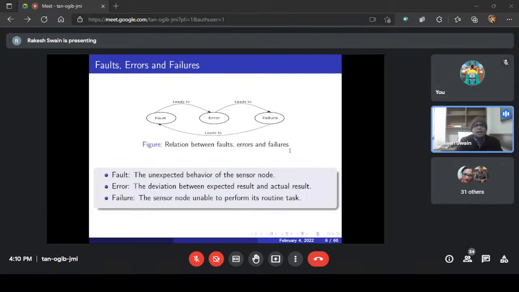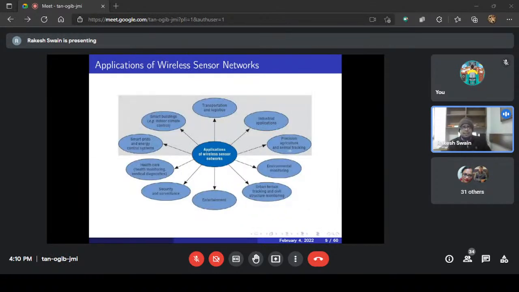So due to the large scale application and the large number of sensors you have to deploy, either external causes or internal causes can occur. For example, external causes: suppose you deploy in a forest for fire monitoring, and lightning happens, or an earthquake, or an animal attack. These are the external causes, and the sensor network is damaged.